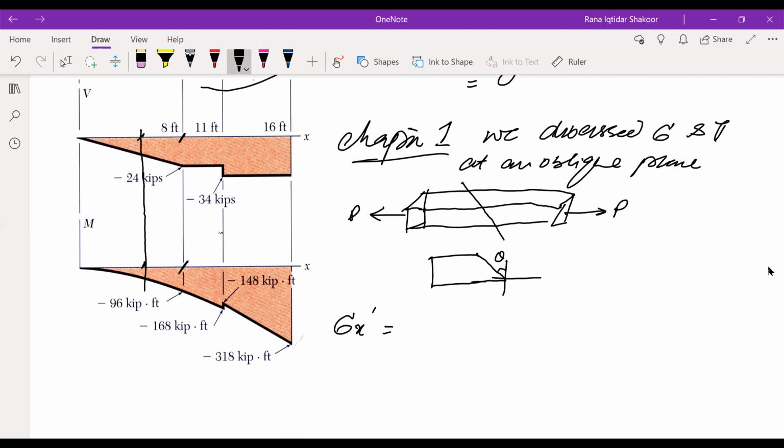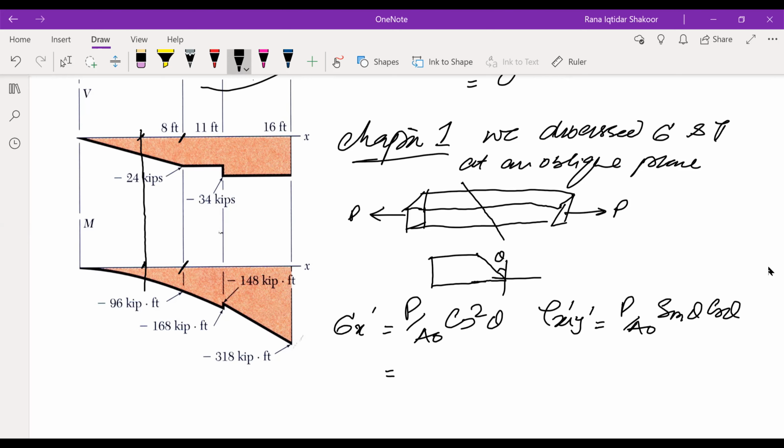That was P over A naught cos square theta, and tau x prime y prime was P over A naught sine theta cos theta.